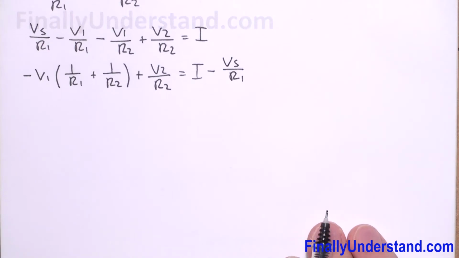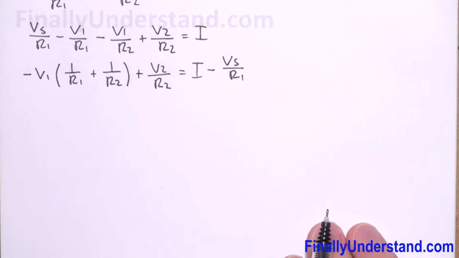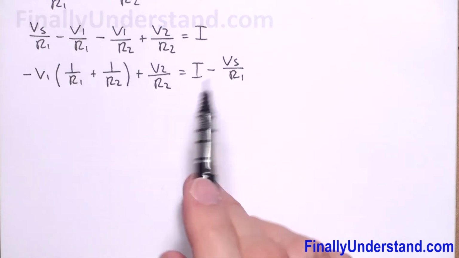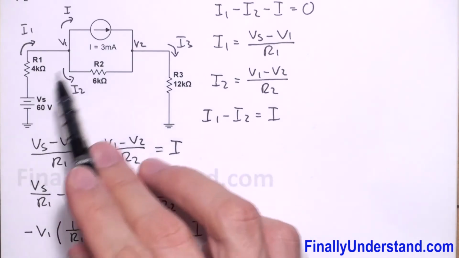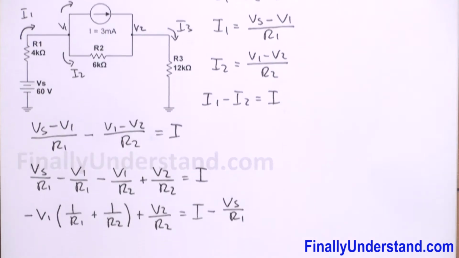Next, I'm supposed to substitute the variables by the values of my voltages and resistors.